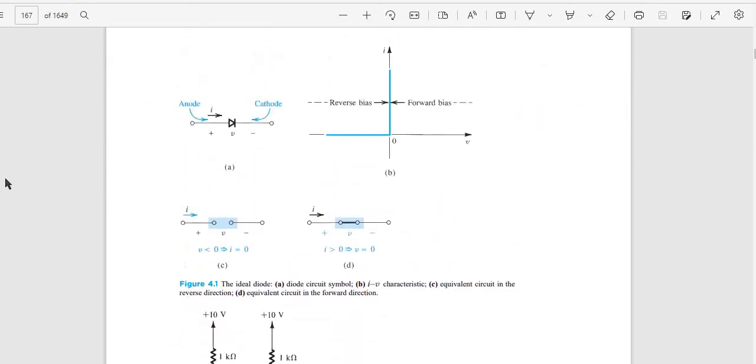Here figure 4.1a, anode, cathode. This is forward bias. This is a graph of the forward biased diode, and here the voltage will be 0 and I will also be 0. I greater than 0, voltage 0.